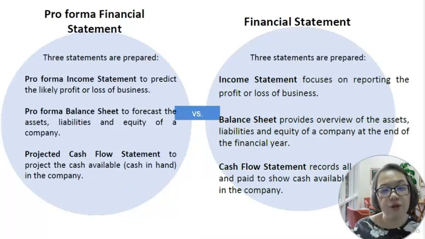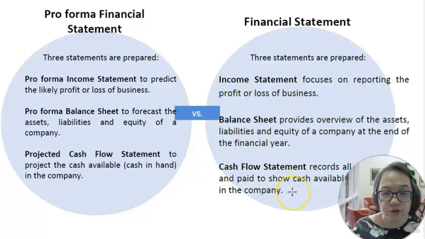So we have three main types of financial statement. Income statement, which focuses on reporting whether the company is making profit or loss. Next, balance sheet. It is actually a record of the assets, liabilities, and equity of a company.